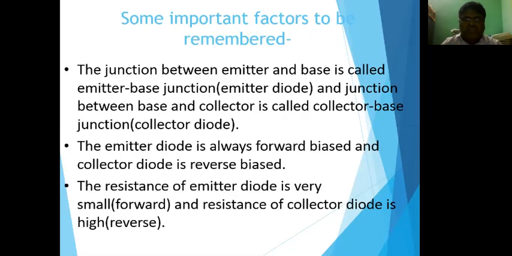Whenever resistance is very small, automatically the current will pass. The resistance of the collector diode is very high. That means reverse, so there is no current. Whenever it is reverse biased, no current passes. That's why the collector diode resistance is very high, which is called reverse bias. The emitter diode resistance is very small, which is called forward bias.